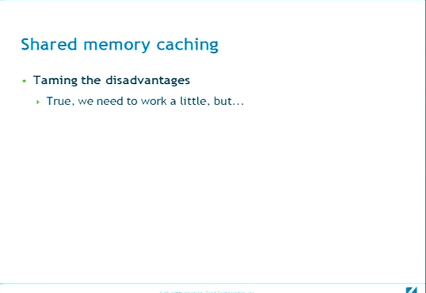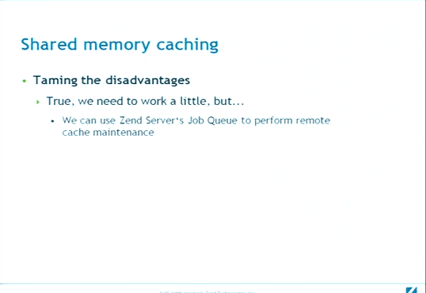I mentioned it's not the path of least resistance, but it is possible to reduce the amount of effort that you have to do to maintain that cache. The way that I tend to do it, or the way that I would suggest that you do it, especially if you have access to Zend Server. Of course, you don't need to use Zend Server. There are other open source drop-in replacements for these things.